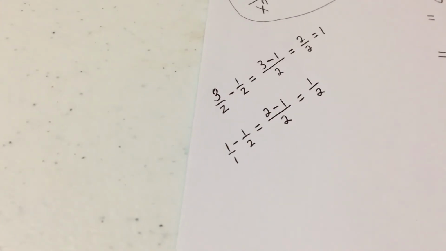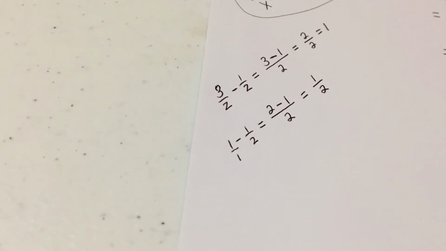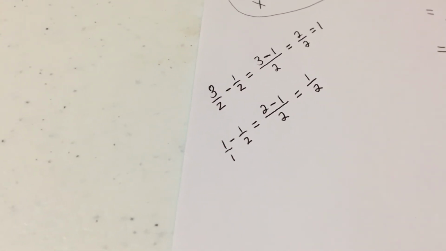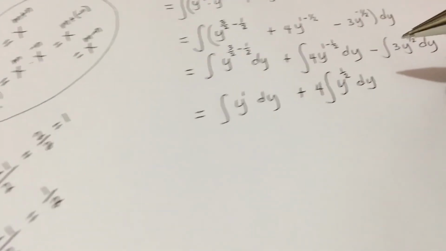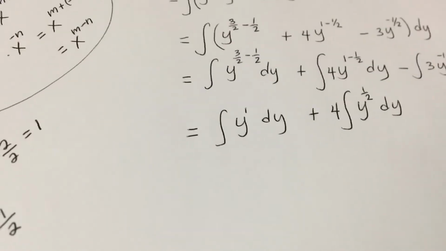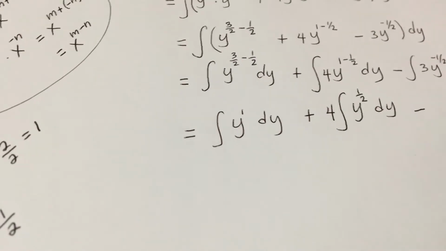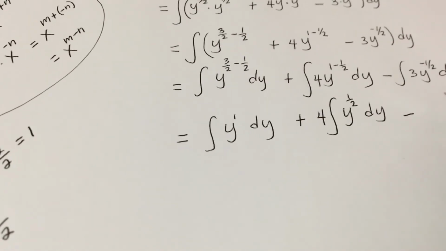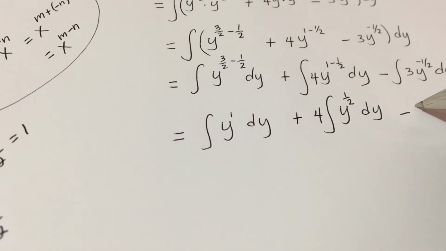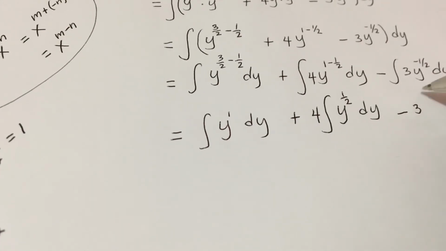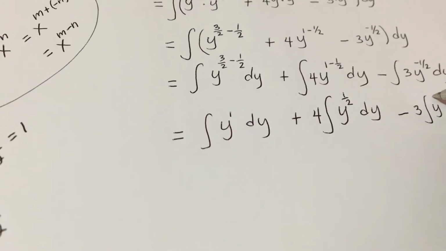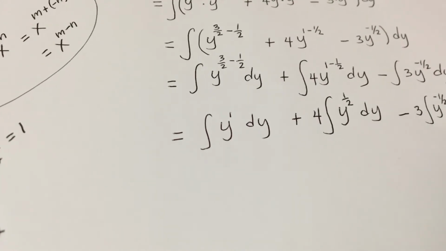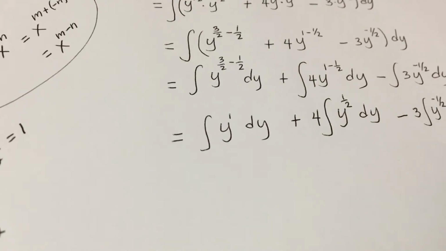So the power of y here is 1 half, multiplied by dy. Then minus 3, which is constant, integral of y to the minus 1 half times dy.